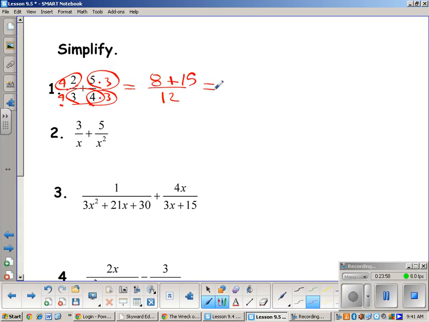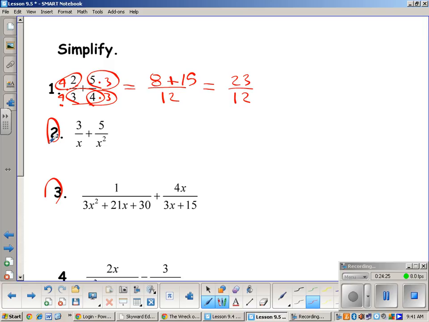What's 8 plus 15? 23 over 12. And we'll just leave it. That is actually called a simple fraction. I know a lot of you think it's improper, which it is, but it's still a simple fraction. 23 and 12 have no common factors other than 1. Okay? And if we write it as a mixed number, sometimes that's more complicated. And when we get down to the rest of them, we cannot write them as mixed numbers.